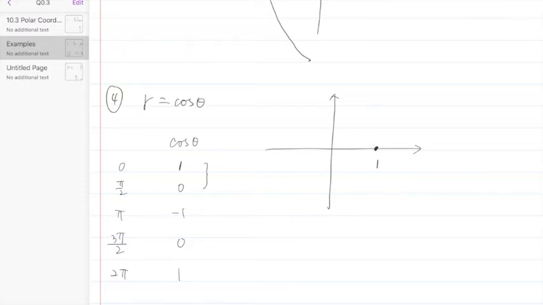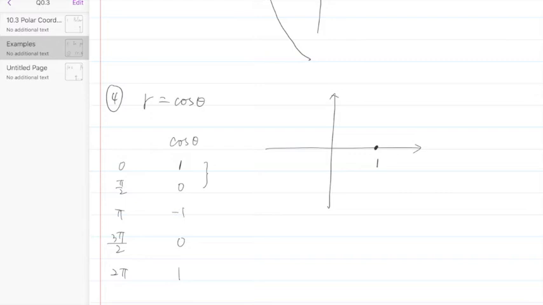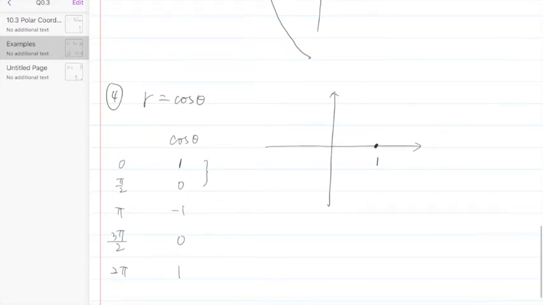If you think about it, this is actually the furthest. As your angle moves, you actually move closer to the origin. And when you hit pi over 2, you actually hit 0. So what you have is something like this. As your angle becomes bigger, your r becomes shorter. When you hit angle pi over 2, you have 0. So that's the first piece.